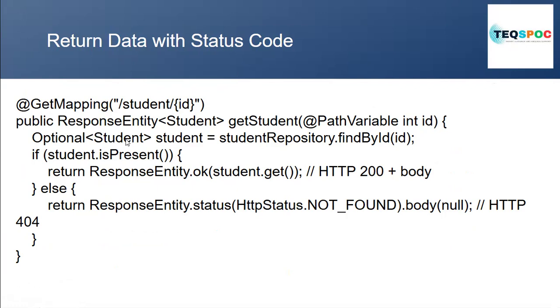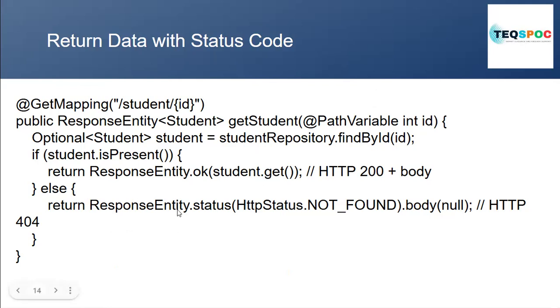This is a student object, and we call studentRepository.findById. If the student is present, then return ResponseEntity.ok, that is 200 success, with student.get as the body, which is what I am returning.